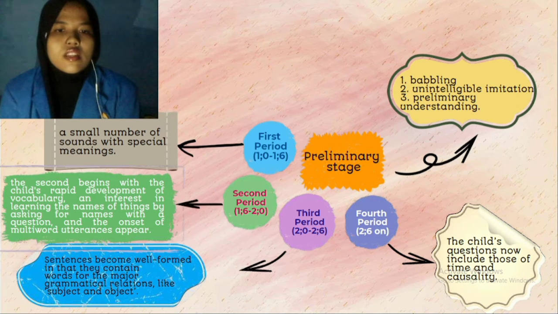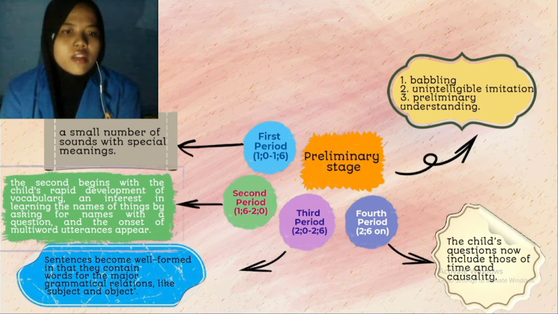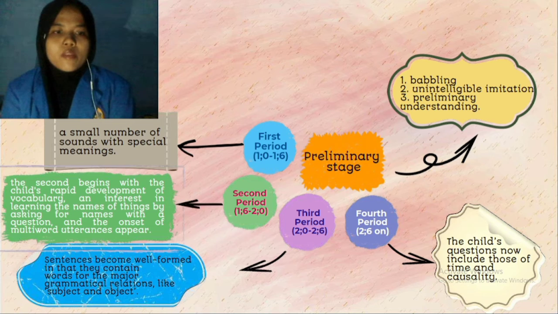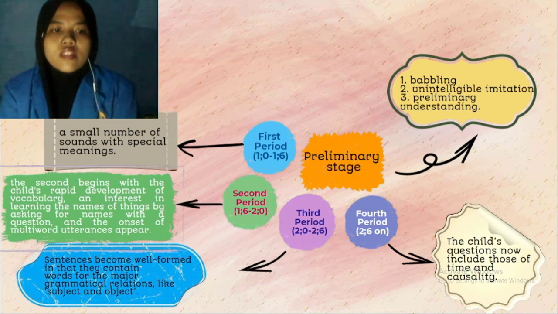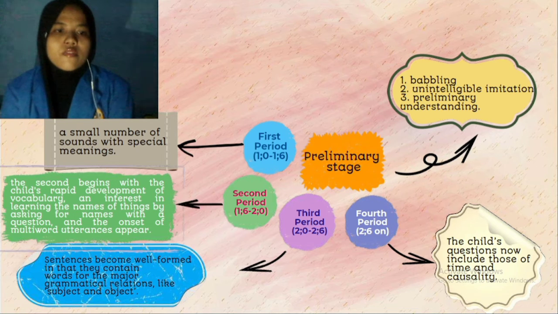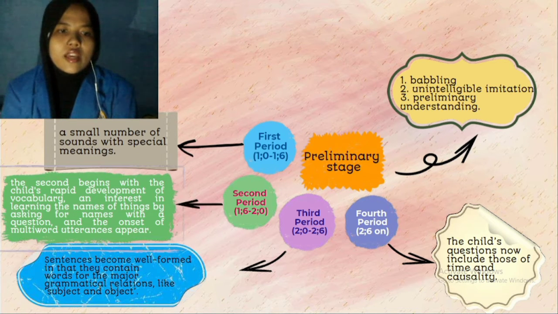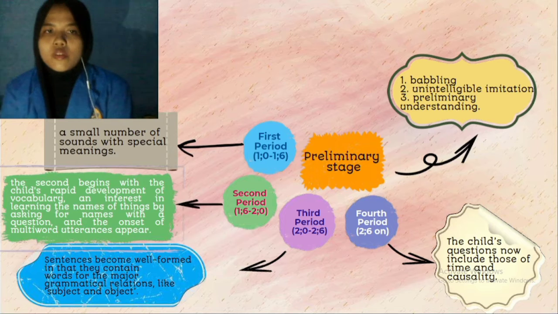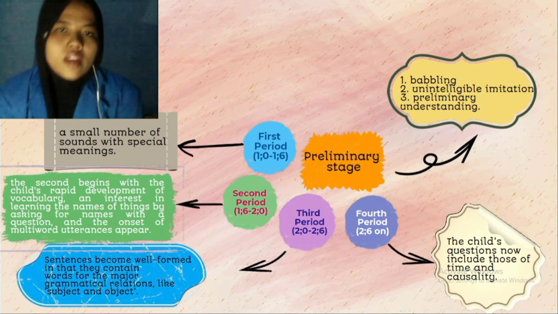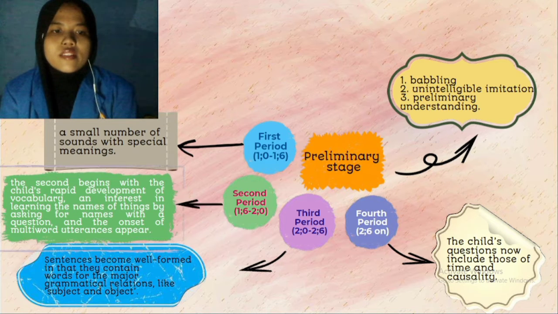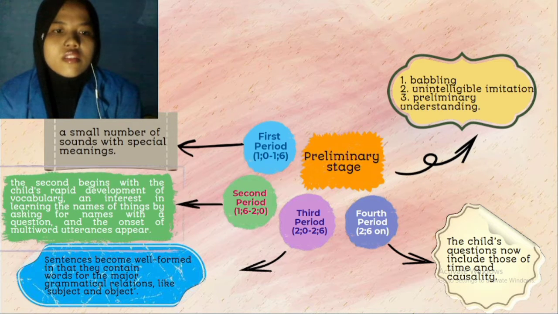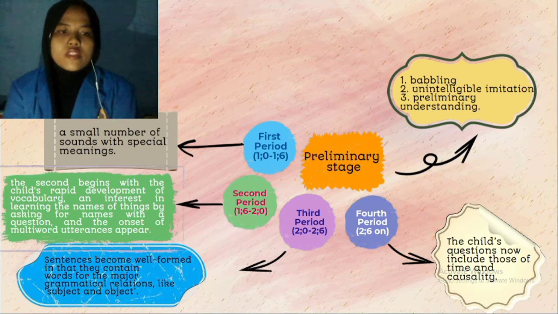And the second period begins with the child's rapid development of a vocabulary, an interest in learning the names of things by asking for names with questions, and the onset of multi-word utterances. In the second period, the children begin to ask others about the names of things.